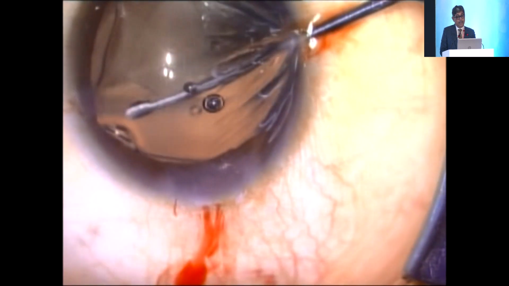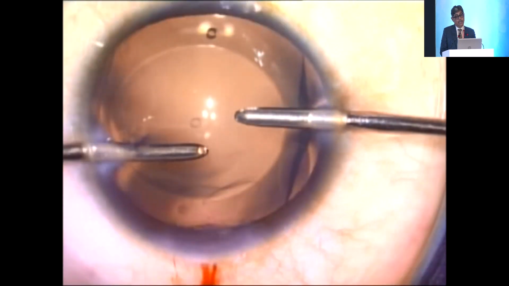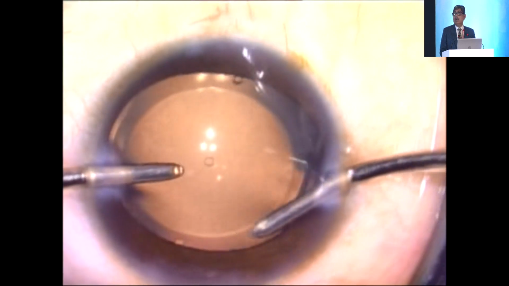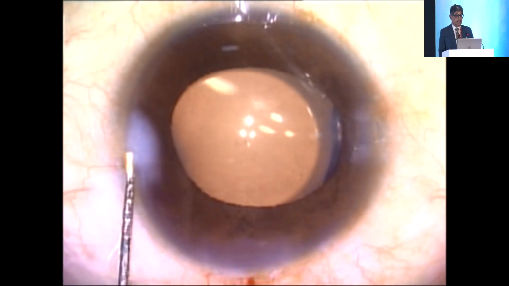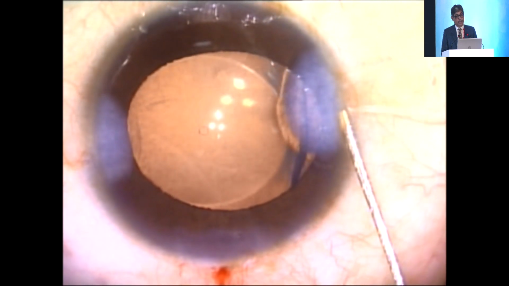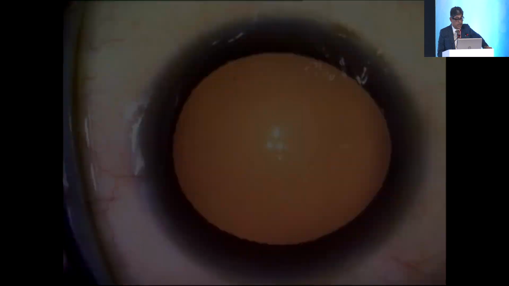Then with the help of a spatula, you tuck the 4 haptics, this is a plate haptic lens, behind the iris in the sulcus, and remove the viscoelastic with your choice of Simcoe cannula, bimanual or coaxial irrigation aspiration.